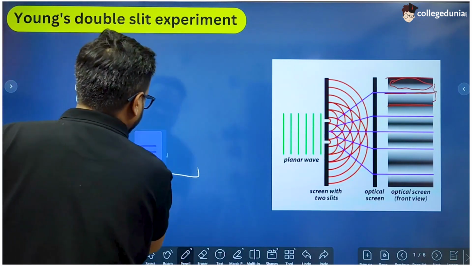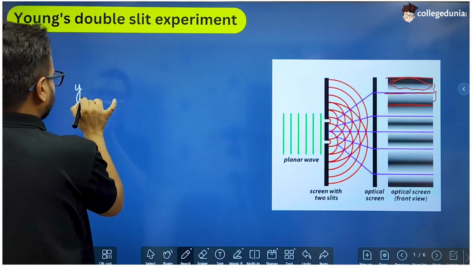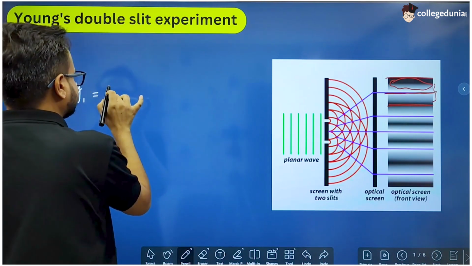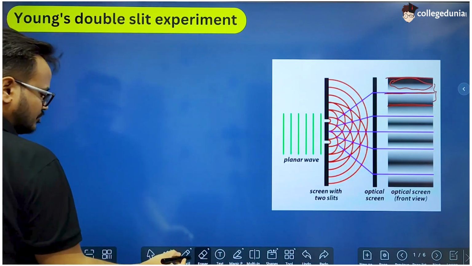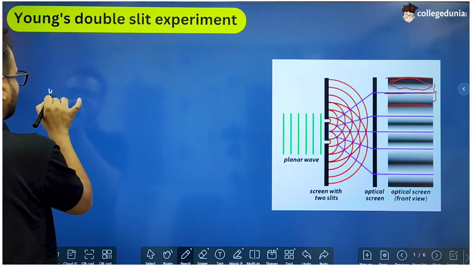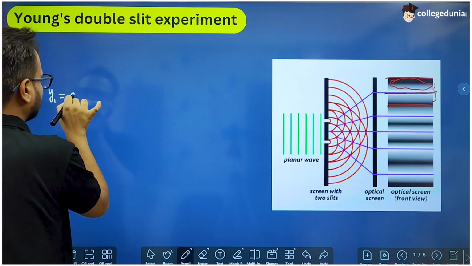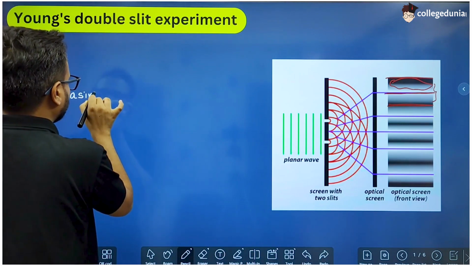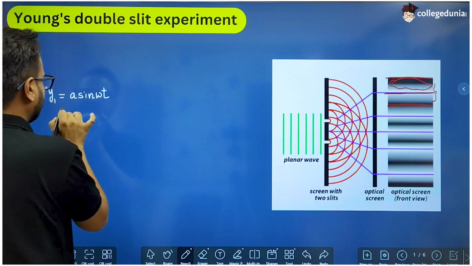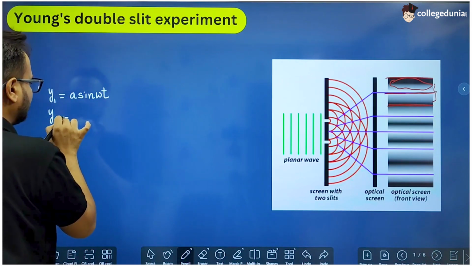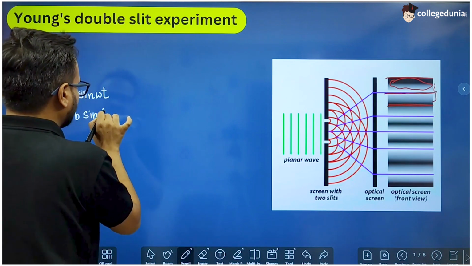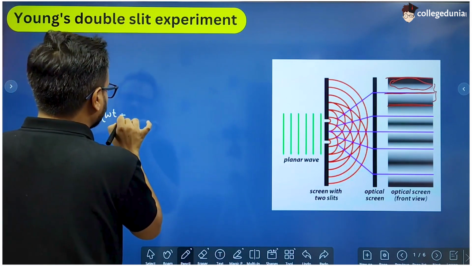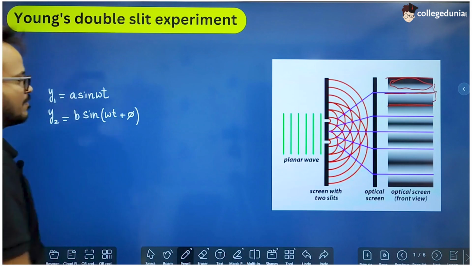So the first wave is y1 equal to a sine omega t, and the second wave is y2 equal to b sine (omega t plus phi).